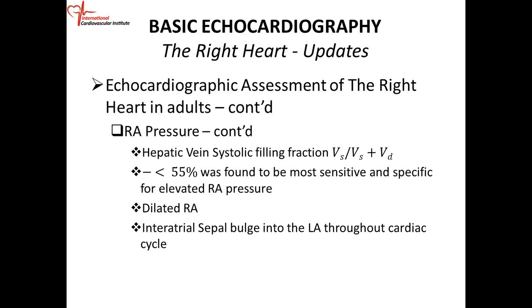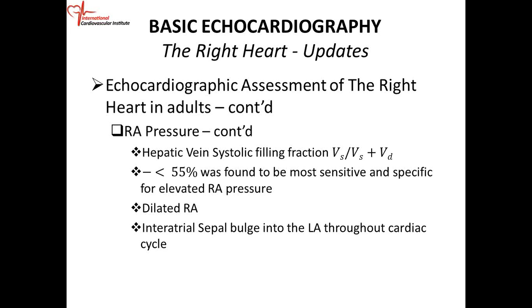The best way to do it, and you guys should have your instructors show you how to do this, is to put your cursor across the IVC and use your M mode to outline the IVC, and you can clearly see the collapsibility with inspiration, and then you can measure it.